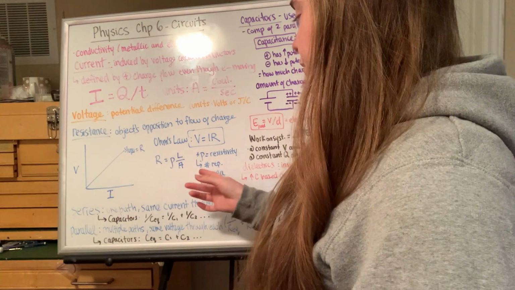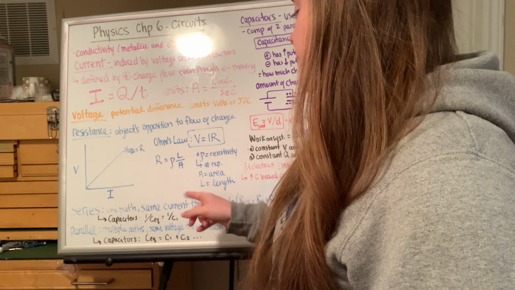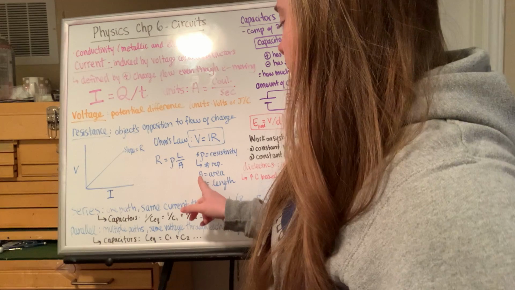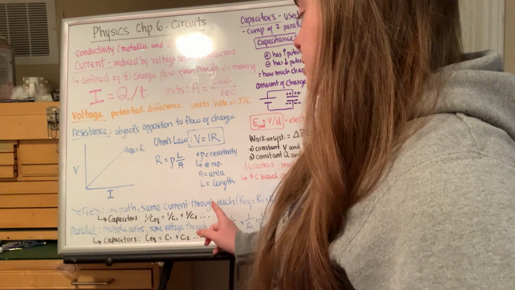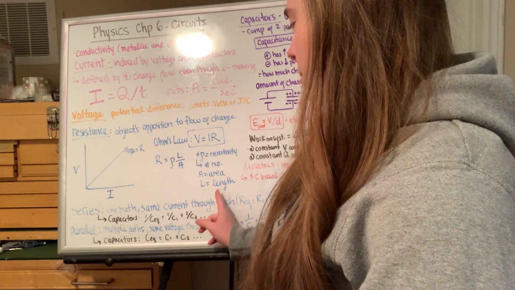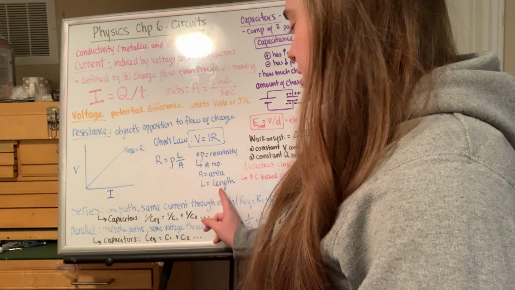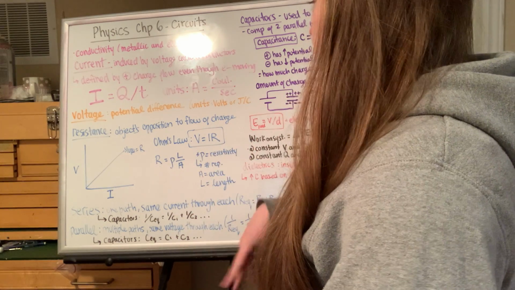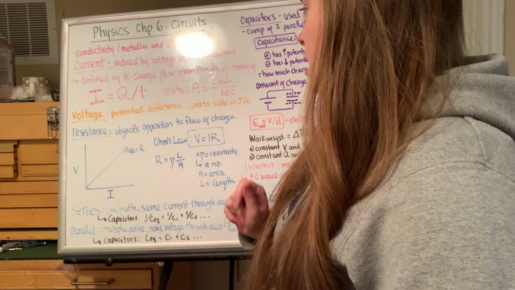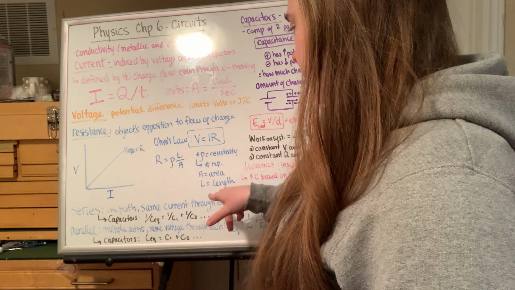You'll get a number for that as rho. Area is represented by A, and L is length. Know that this also is going to be in meters, so put that in terms of meters. That way when you input it in some of the other equations, it makes sense.